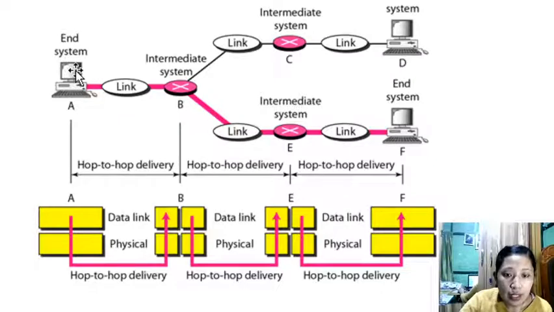Now, when a signal needs to be given to a computer or a device, that device needs to be first of all identified. That can be done by using the physical address of the device. Every device will have a physical address which will be imprinted in a card called the NIC card. NIC means network interface card.